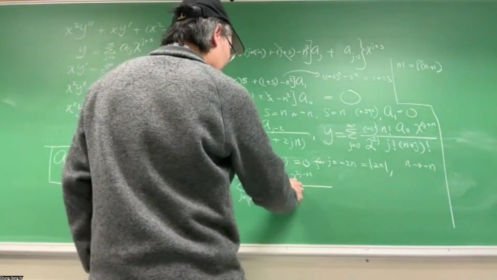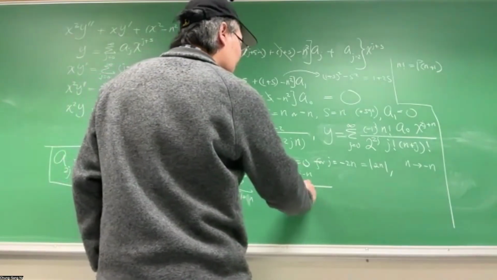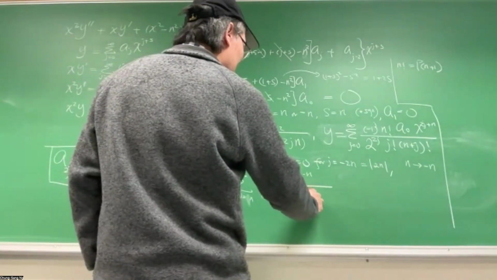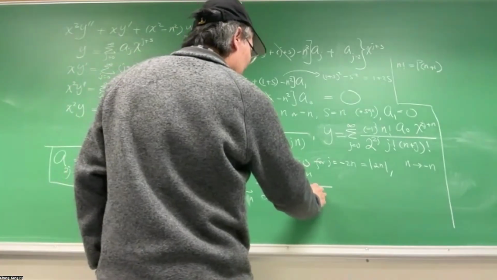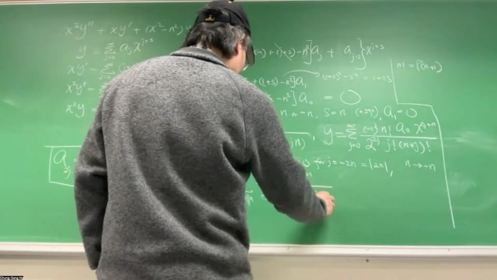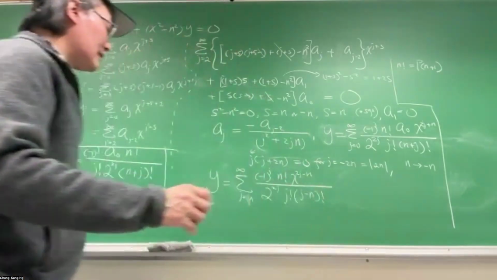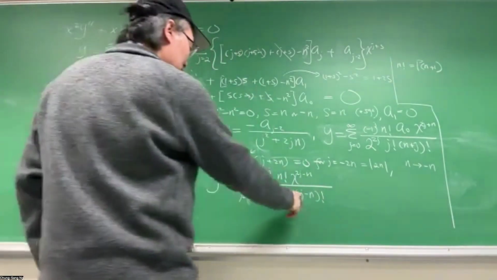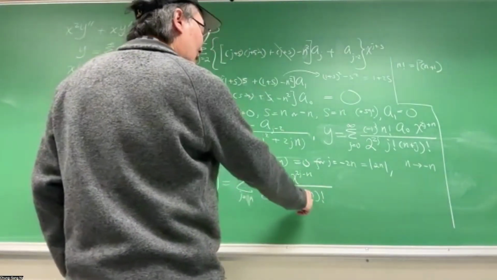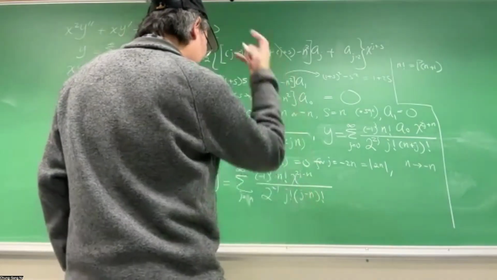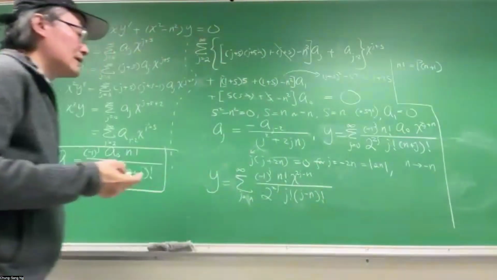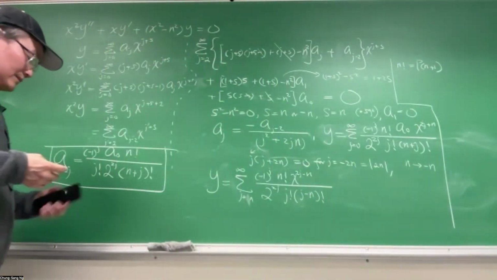And j factorial and j minus n factorial. And j starts from n, so that is fine. So j minus n factorial.